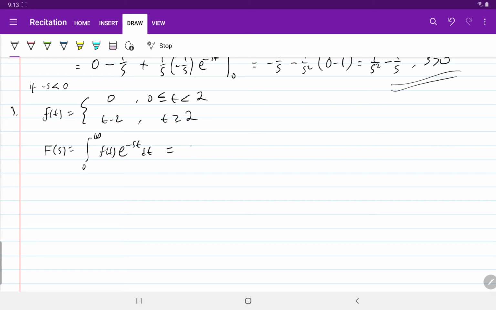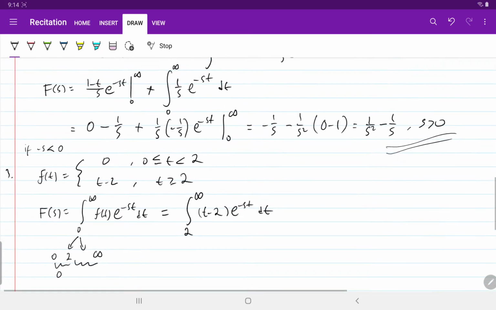So we can split the integral, 0 to 2 and 2 to infinity. From 0 to 2 it is 0, so we just need to evaluate the integral from 2 to infinity of t minus 2 e to the power minus st dt.